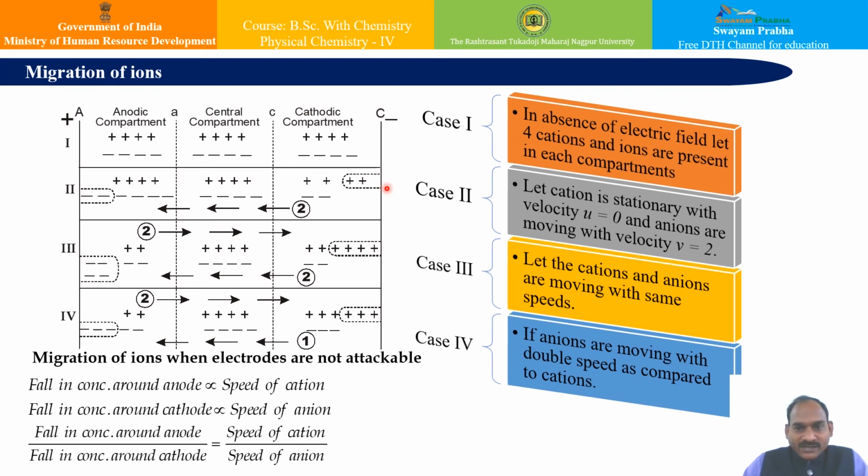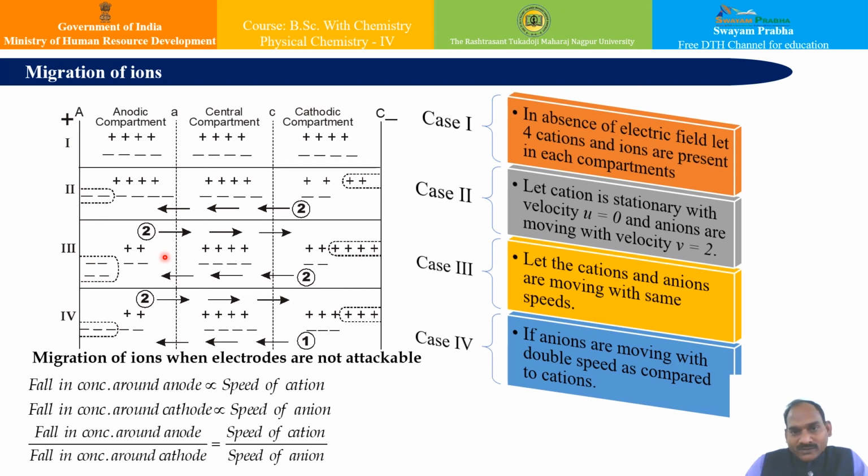Similarly, if I consider case 3, now let the cations and anions move with the same speed, that is u is equal to 2 and v is equal to 2. Now in this case, two cations move from the anode compartment to the cathode compartment and two anions from the cathode compartment to the anode compartment.